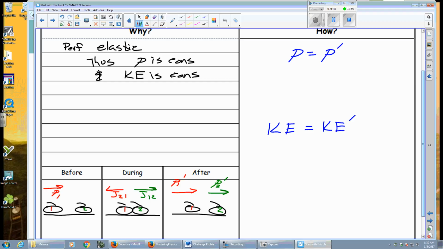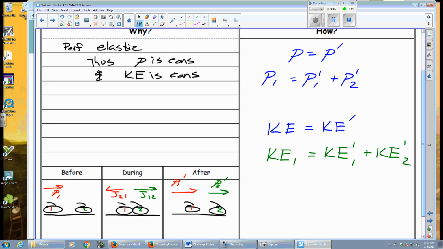So this would be momentum of 1 equals momentum prime of 1 plus momentum prime of 2. Switch colors. KE of 1 equals KE prime of 1 plus KE prime of 2. The prime just indicates a different value.